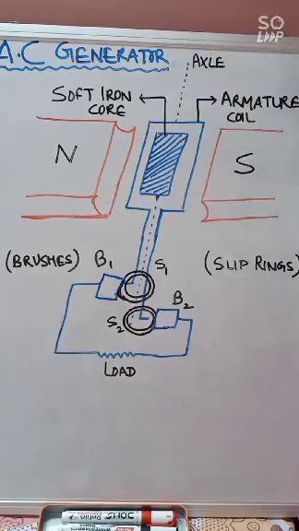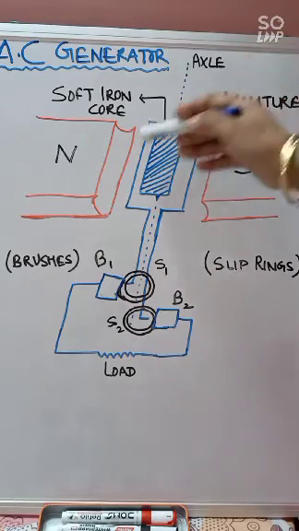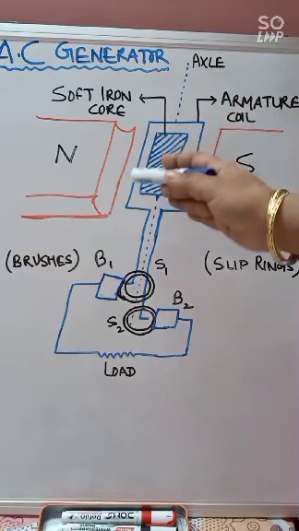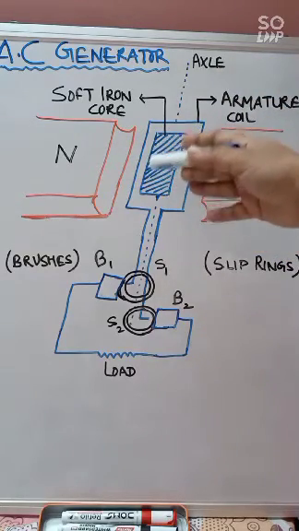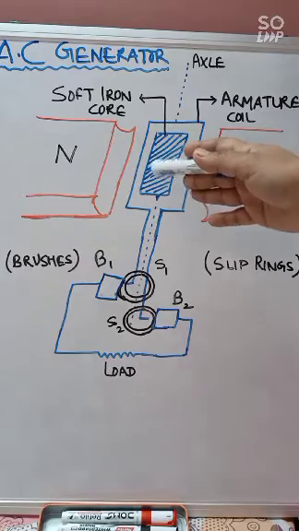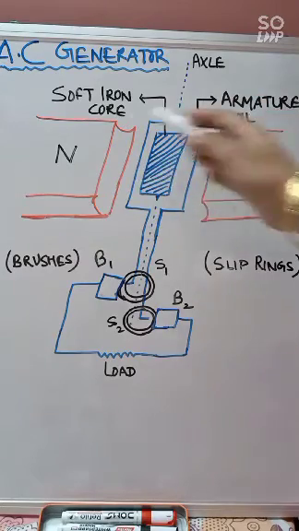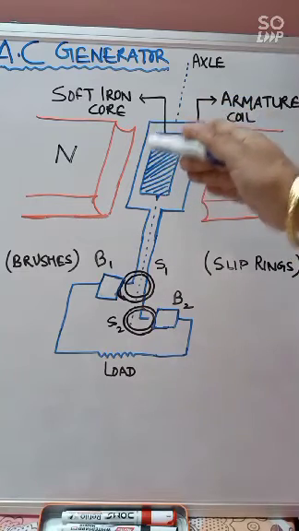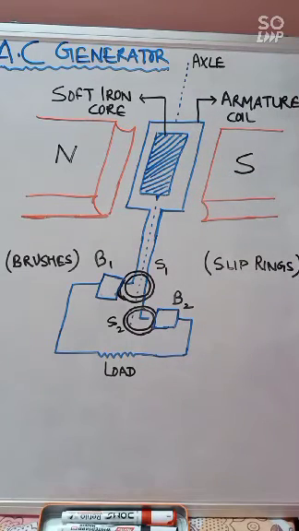This axle is being attached with the armature coil. So manually we move this axle, with the result this will come into motion. As soon as the armature coil comes into motion, there will be a change in the magnetic flux. Why? Because the magnets are fixed, but the armature coil is moving, with the result the number of magnetic field lines passing through the coil is going to vary.